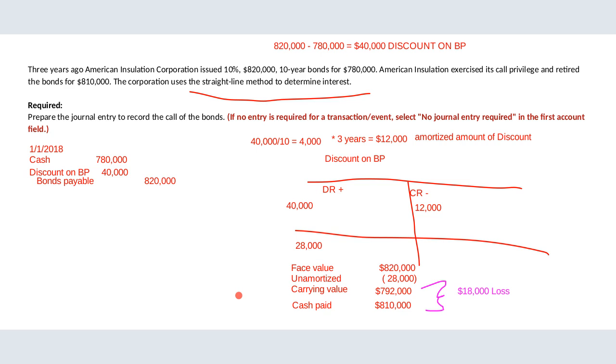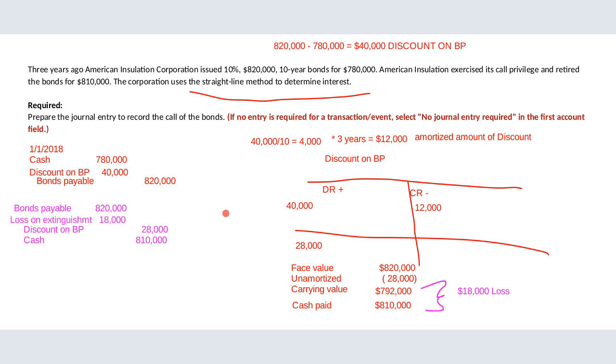We get rid of any unamortized amount of the bond, which is the 28,000. And then we also record the cash that needs to be paid. And we also record the loss of 18,000 in this case.